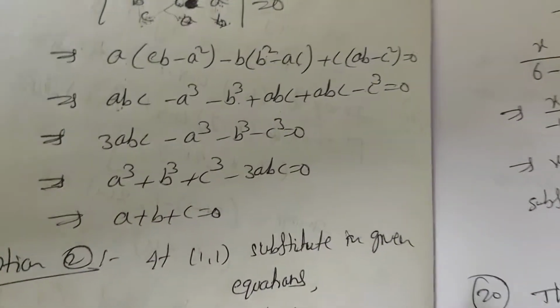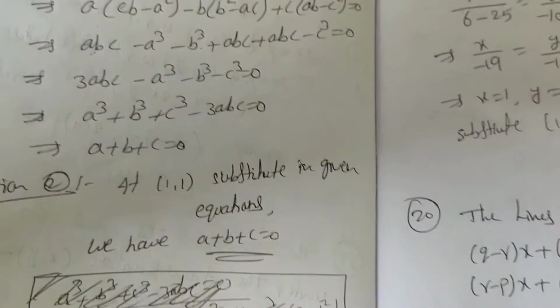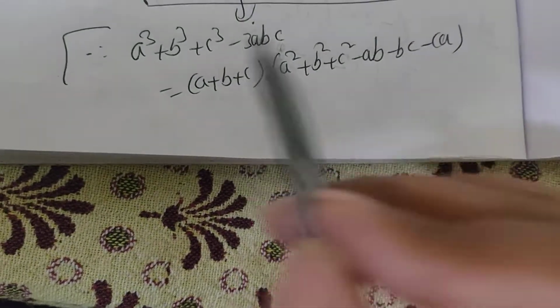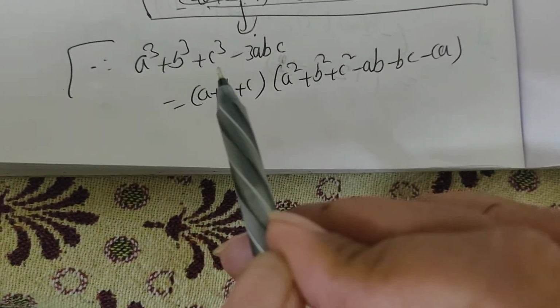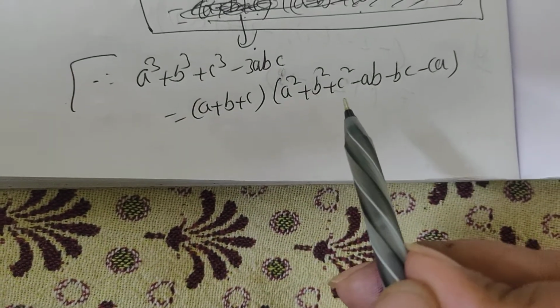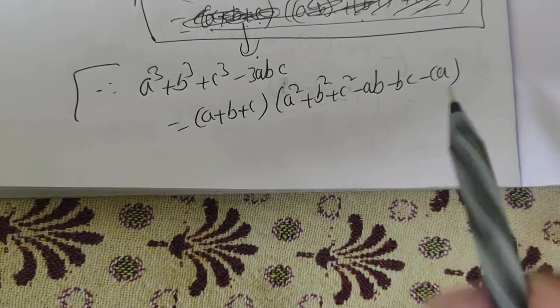See here one observation. In 8th class algebraic identities, we have one formula: a cube plus b cube plus c cube minus 3abc is equal to (a plus b plus c) into (a square plus b square plus c square minus ab minus bc minus ca).